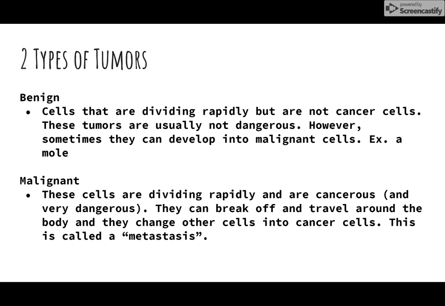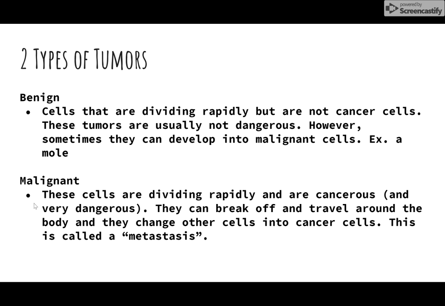They can turn into dangerous cancers, what we call malignant, but at this point, they are not dangerous. An example would be something like a mole on someone's skin. That is an example of a benign tumor. Not something that needs to be removed necessarily. It's just that the cells divided irregularly.